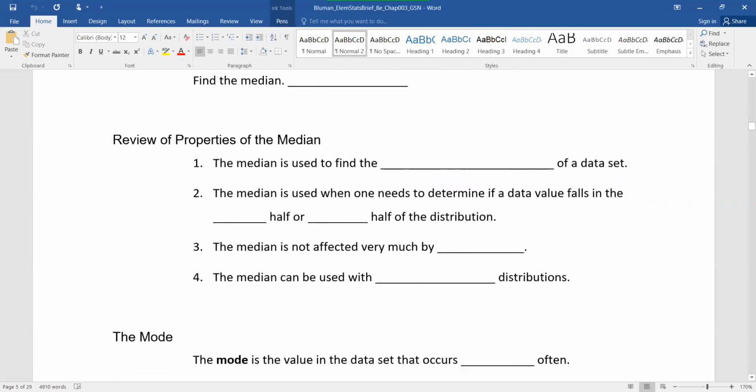All right, so here's all the review for the properties of median. So again, the median is used to find the halfway point. Or Charlie's favorite word, midpoint.